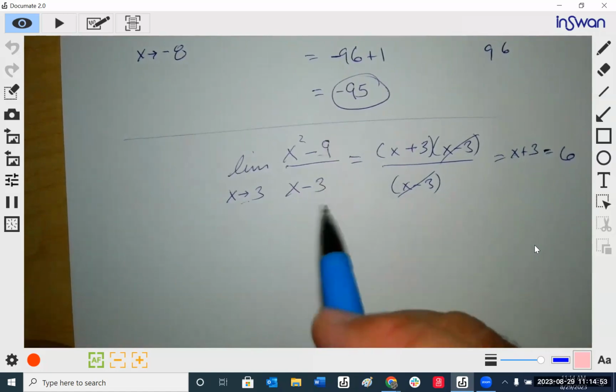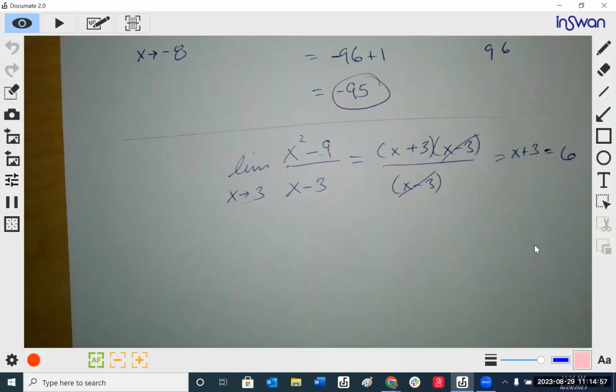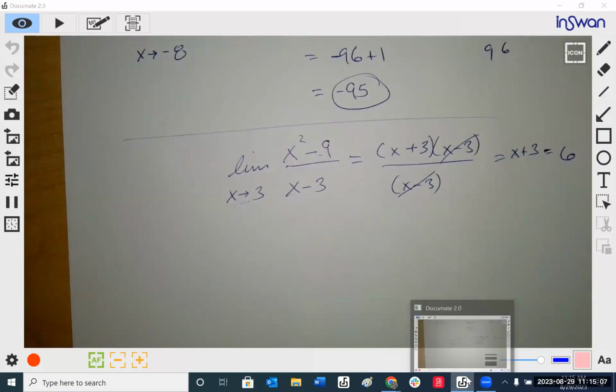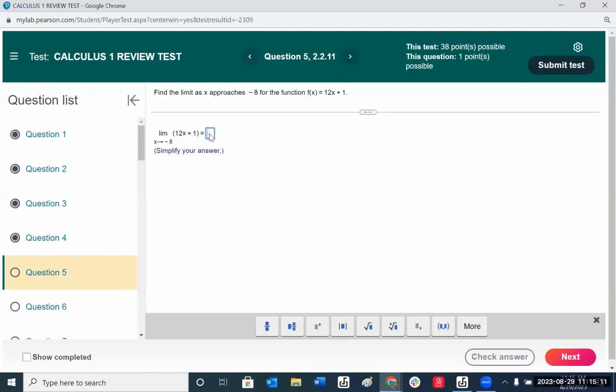Or you can take the derivative of top and bottom. It's L'Hopital's rule. There are a whole bunch of rules, you had 16 weeks of rules that we have to try to catch up with. So that one we said was -95.